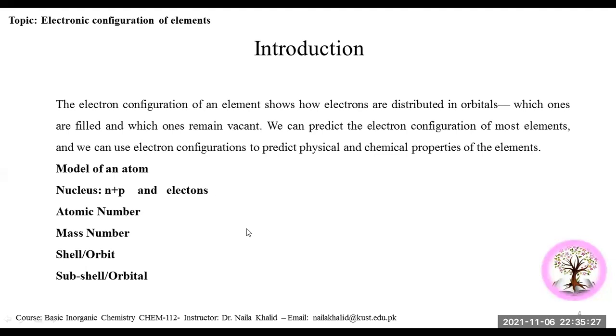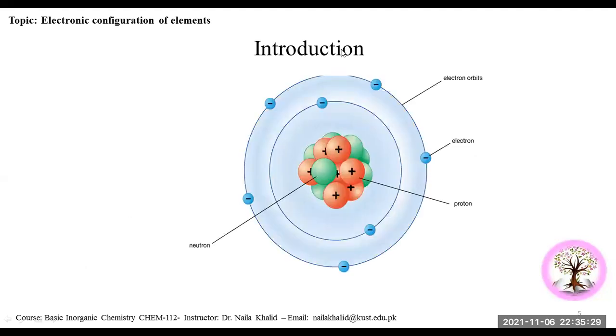And you know that in a model of atom, the nucleus has protons and neutrons, and the electrons are revolving around this nucleus in a certain path known as orbit, or in other words, shell.